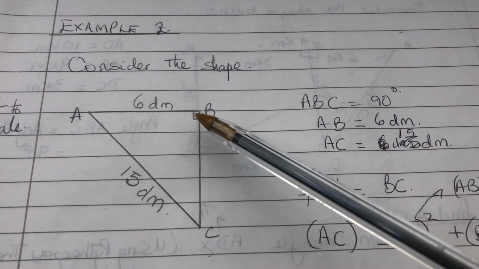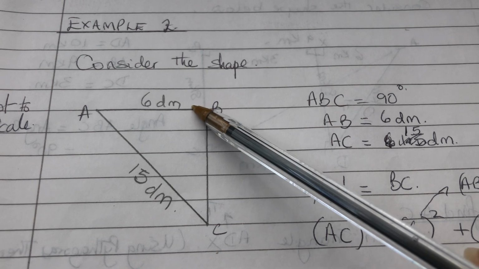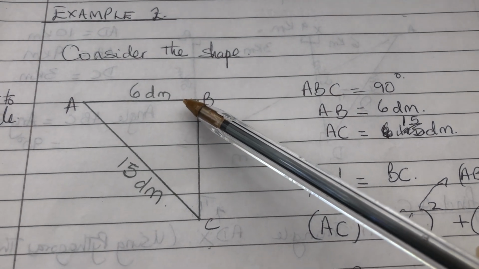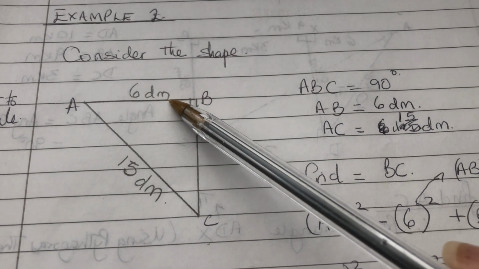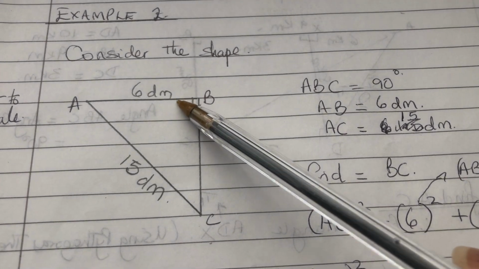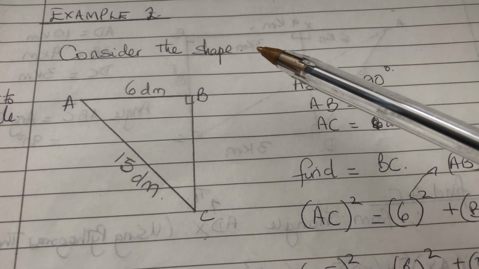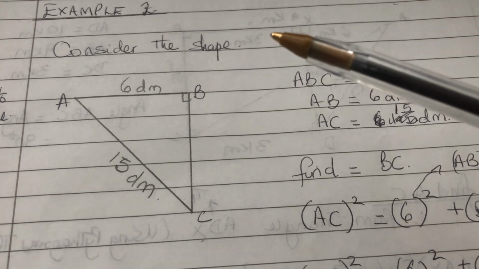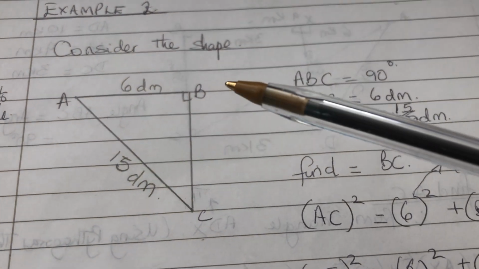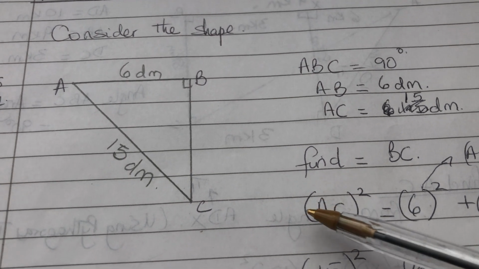Please, they can change it, okay? 6 decimeters is different from 6 centimeters. So go by the units they've given you to put down as your answer. Most of the question papers will give you the unit, so you just have to write the answer. But assuming you were not given, then you have to write it down.